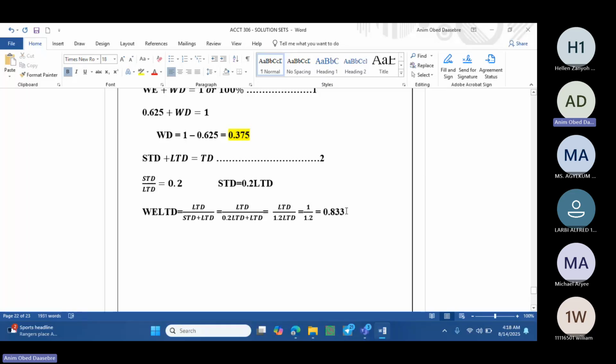So to get the actual weight for long-term debt, it is going to be the percentage 0.3833 multiplying the total weight of debts, 0.375.